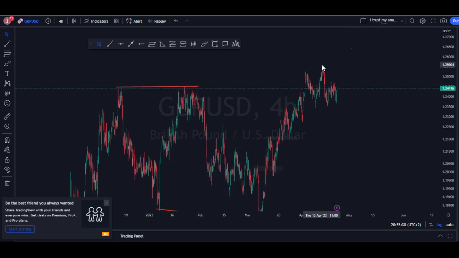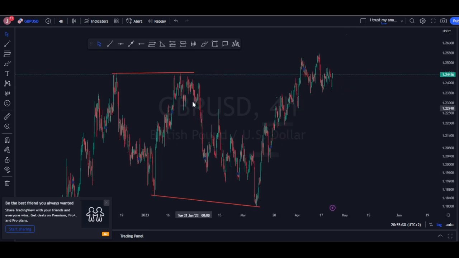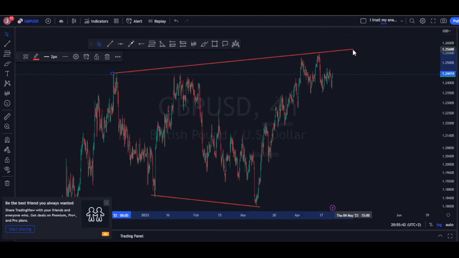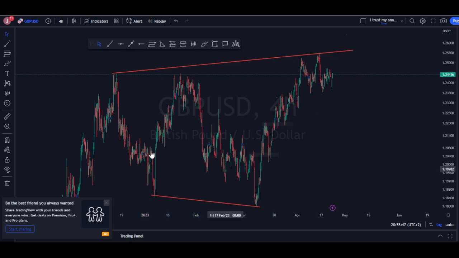Because of this bearish impulse, and this kind of looks like a correction a bit, I see a possibility that this pattern might be like this, because this is also one of the patterns I trade.